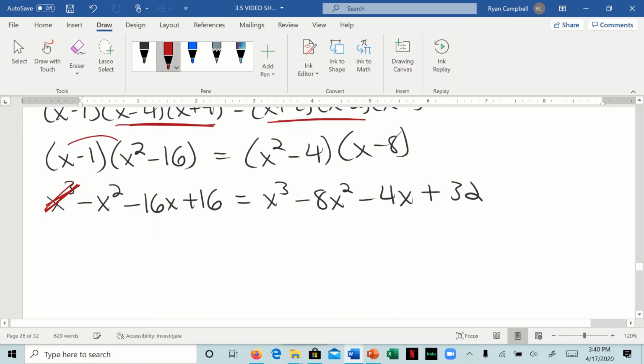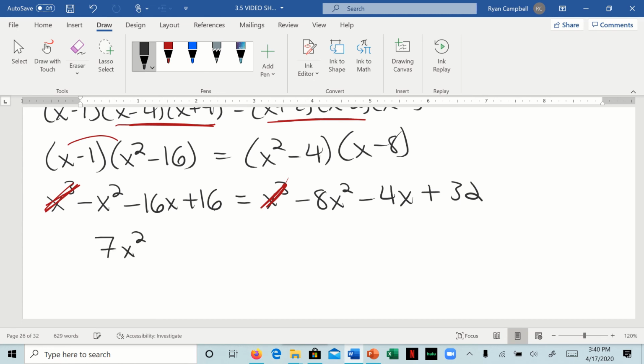We can cancel out our x cubes. We can move everything to one side. So if we move everything to one side, we have 7x squared minus 12x minus 16 equals 0.